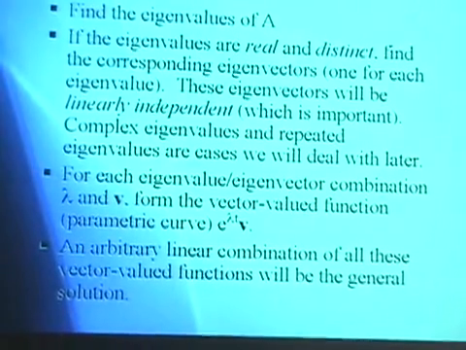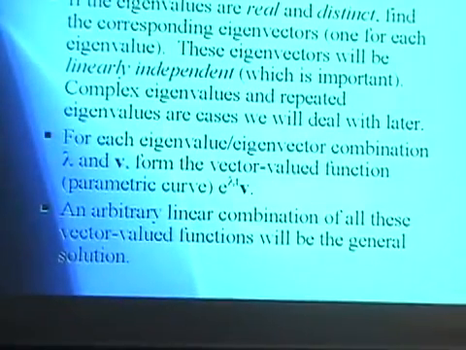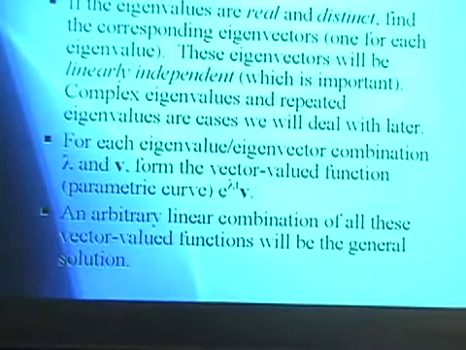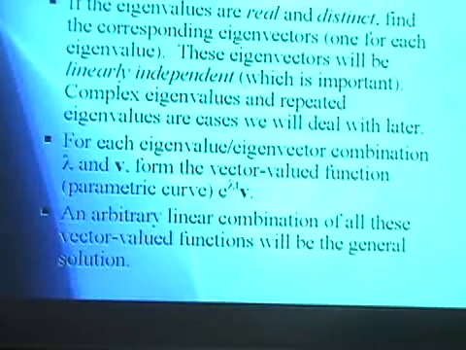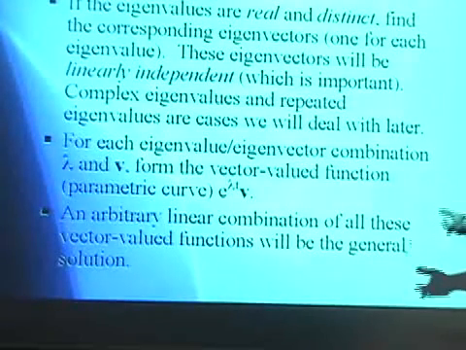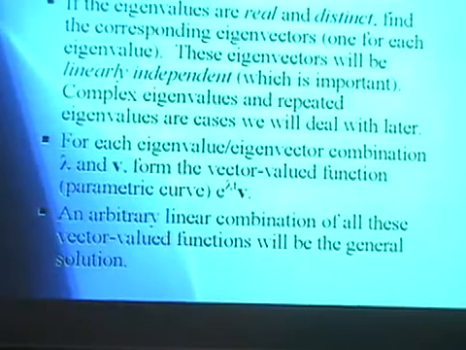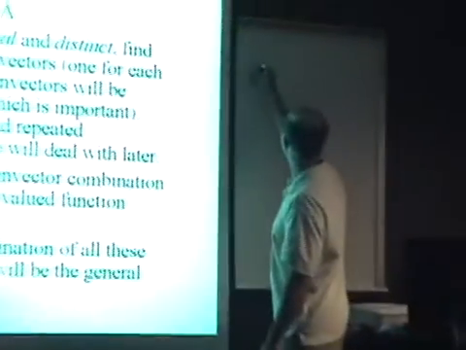Then, the final step to constructing the general solution is to take an arbitrary linear combination of all these vector-valued functions. And that would be the general solution. A linear combination means you're adding those vectors together, well, with the condition that you're multiplying them by scalars too. So you will typically write your general solution in this form. I'll put it up on the board here.